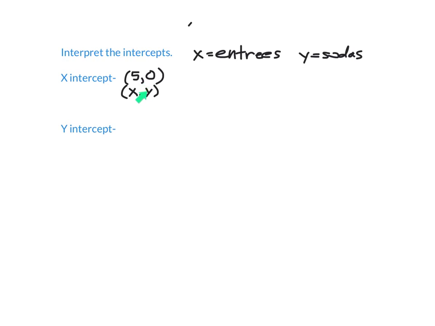So what that means is if I buy 0 sodas, I would be able to buy 5 entrees. So my x-intercept means that I can purchase or I can buy 5 entrees. You can include the information about 0 sodas if you want.